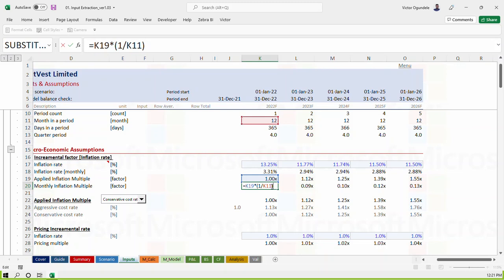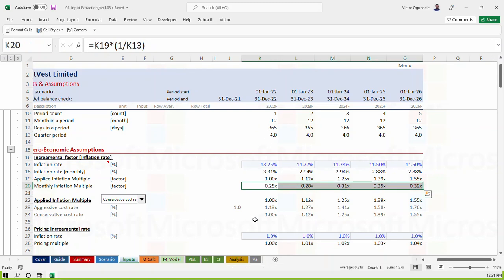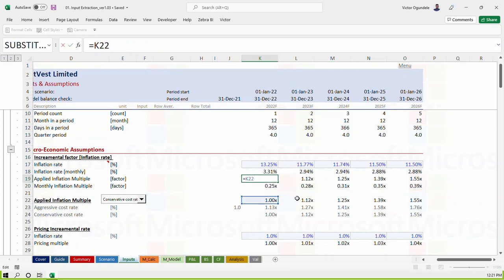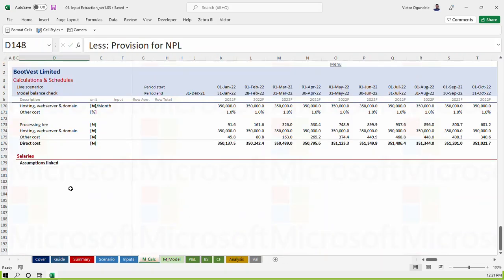So let's make the necessary adjustments. So 1 divided by quarter. Okay, all right. So let's bring in our inflation part of it.